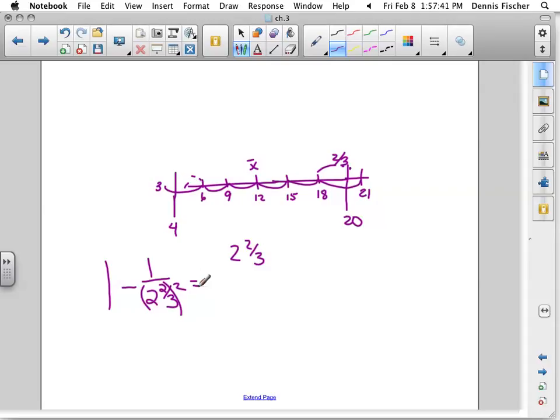So we got 1 over 2 and 2/3 squared. 1 minus that. And I end up with a decimal of 0.8594.